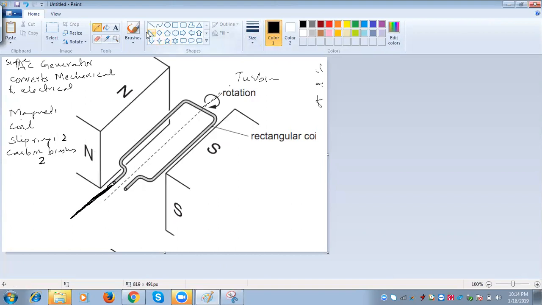And see, there is no source of EMF. EMF will be induced due to the rotation of the coil in the magnetic field. So I will change the color here.